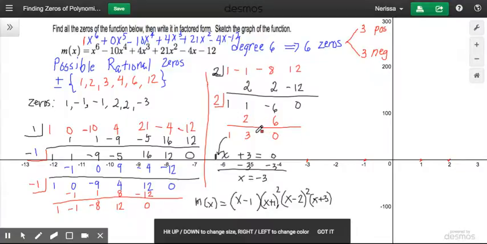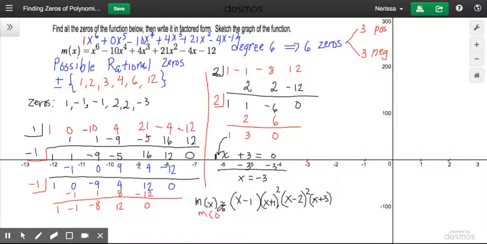Okay, the y-intercept is the value of the function m when x is 0. So we want to find m of 0. So when we get m of 0, x becomes 0. So this is 0, 0, 0, 0, 0, because 0 times 4 is 0.